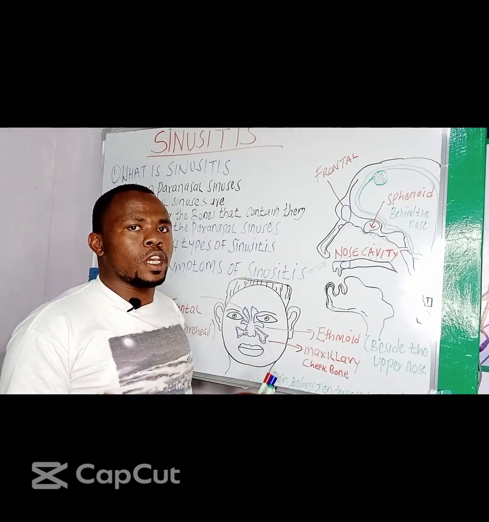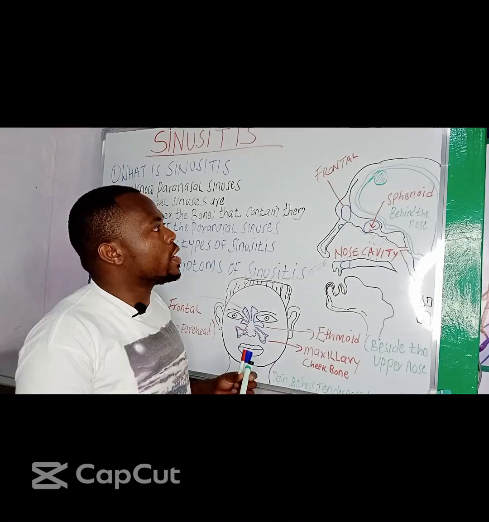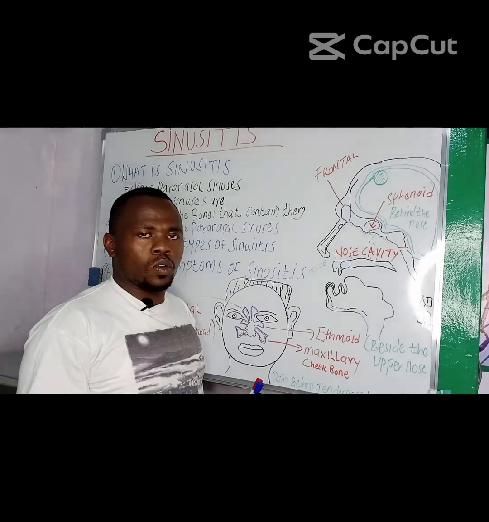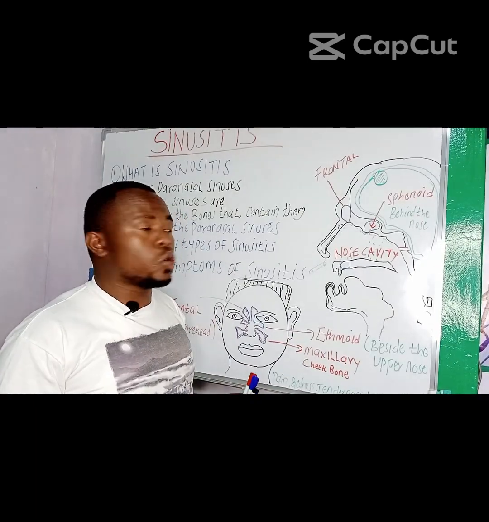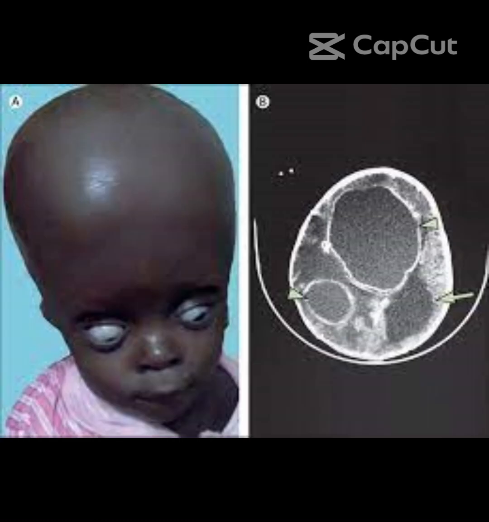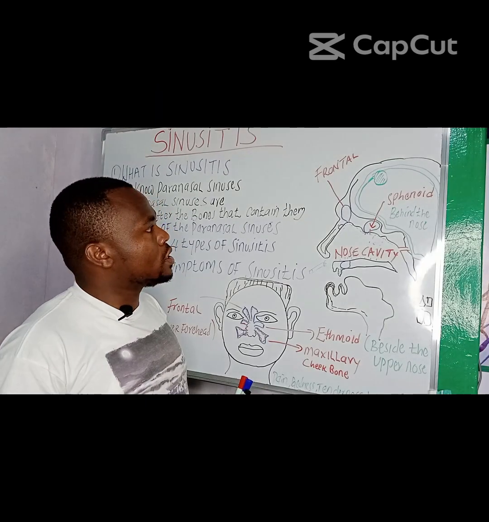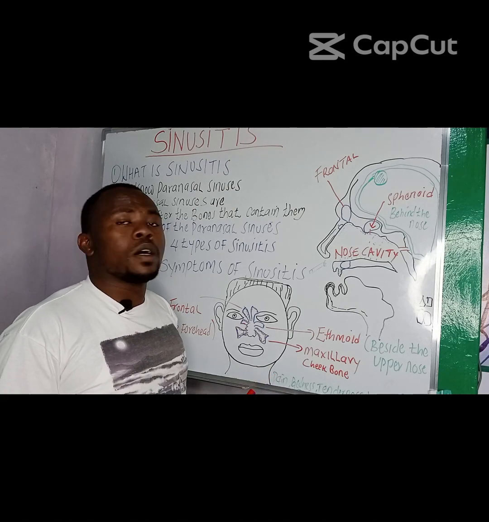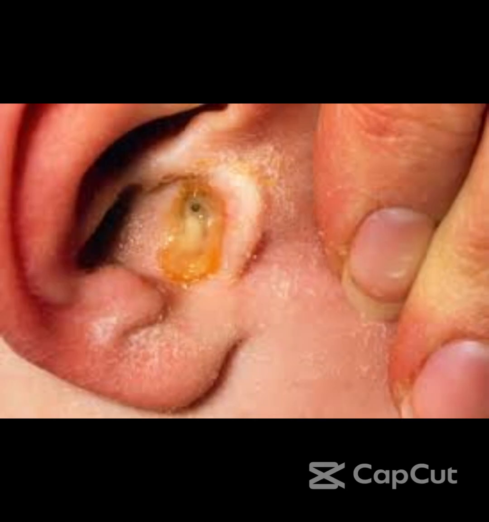Meningitis is the infection and inflammation of the layer that is covering the brain. So that is a very bad complication. Two, you might get a brain abscess. Brain abscess is a boil. It's a boil that is forming inside your brain. It's a very serious case.